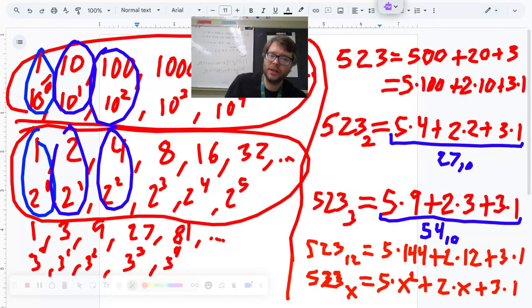So anything that we can do with our numbers, like adding and subtracting and multiplying and dividing, we can do in base 10, in base 2, in base 3, base 12. We can also do that with base x numbers. In other words, we're going to work on multiplying, dividing, adding, and subtracting polynomials. And if you understand how that works just with numbers, and with different bases, you have a better chance of understanding how it works with polynomials.